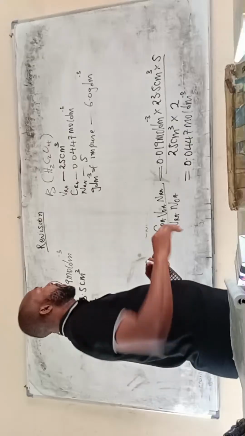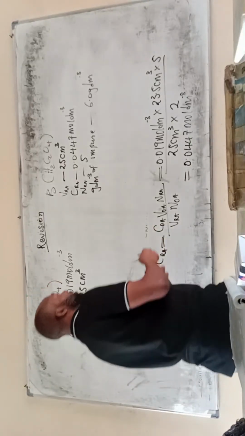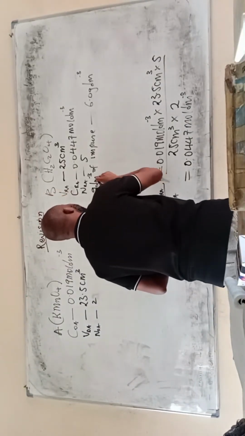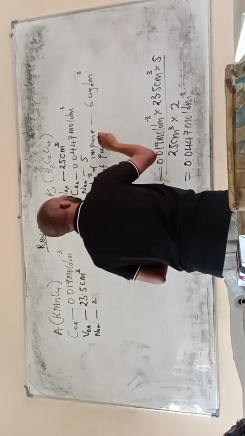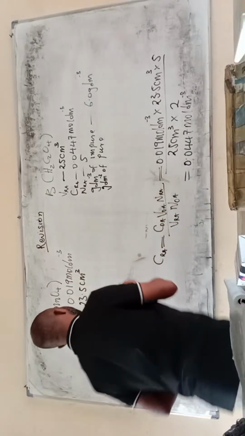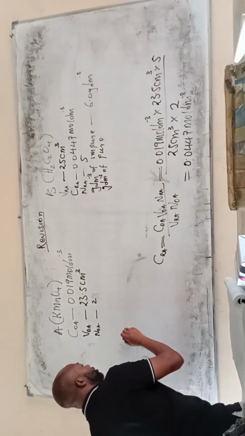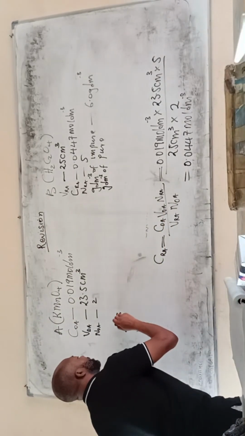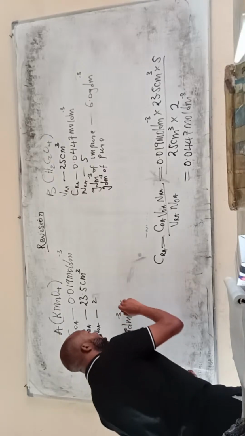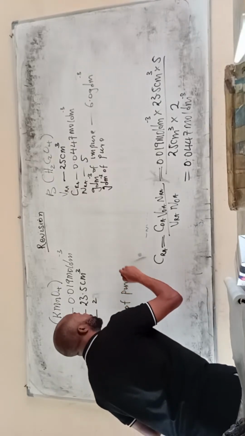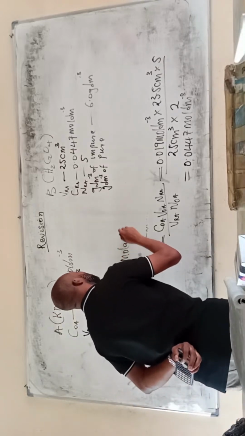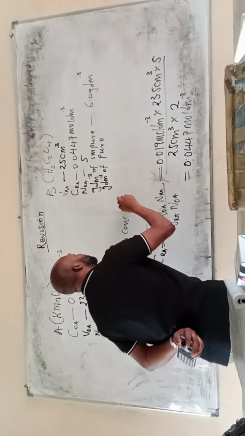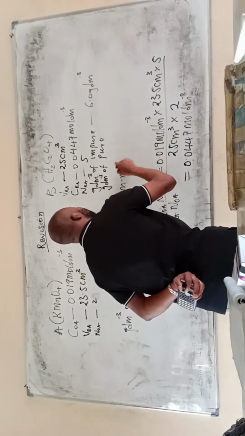So from here, the next thing is I want to get my g/dm³ of pure. If I come here, I have my g/dm³. That's the mass concentration of pure ethanedioic acid, which equals molar concentration times relative molecular mass.